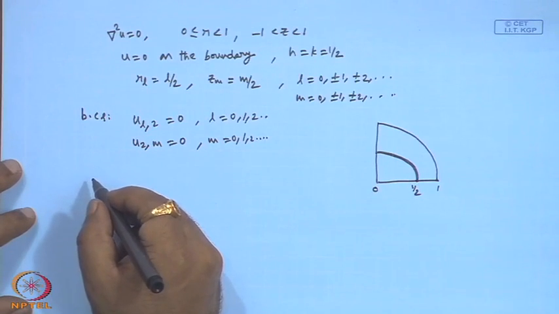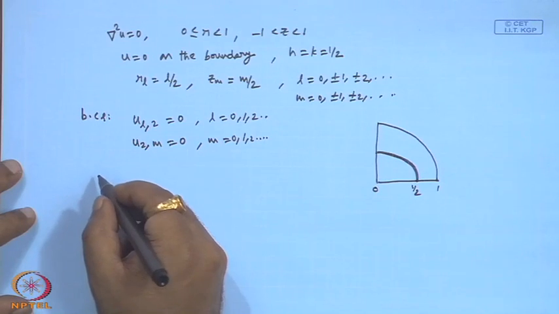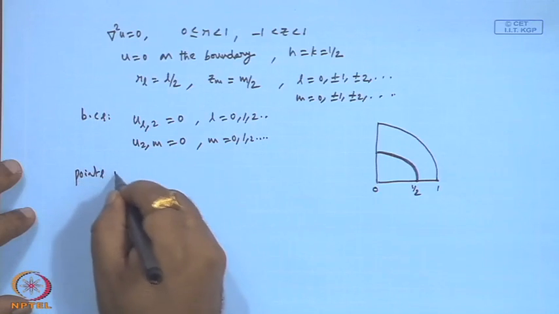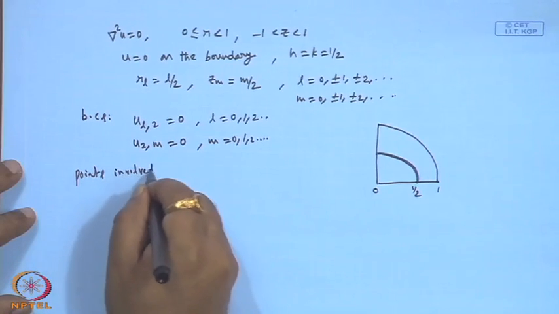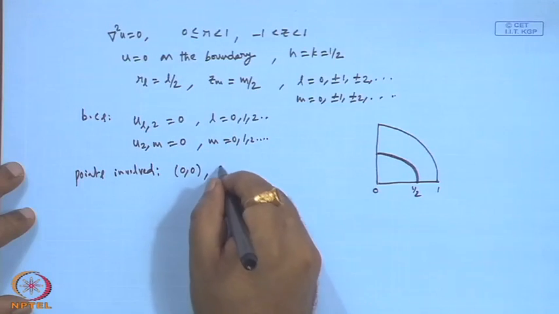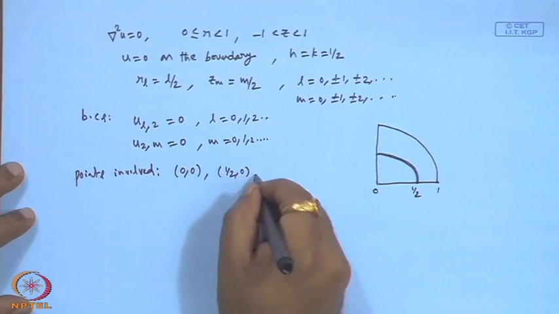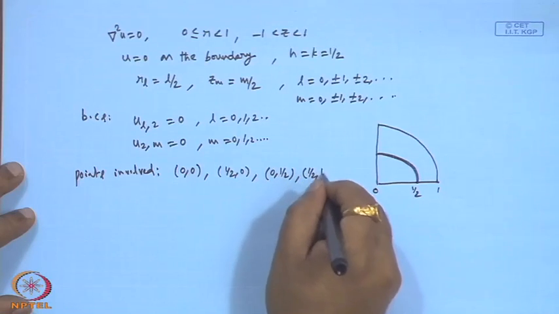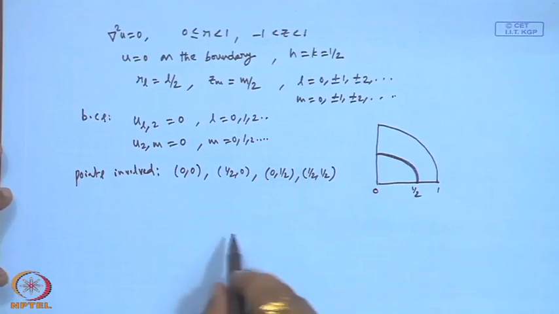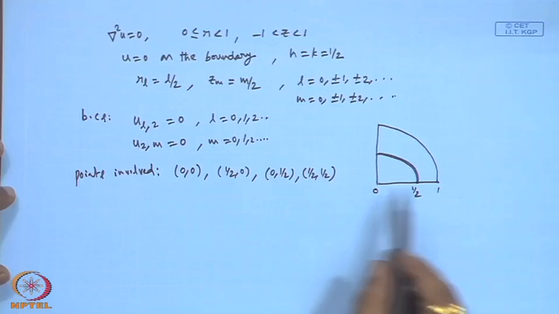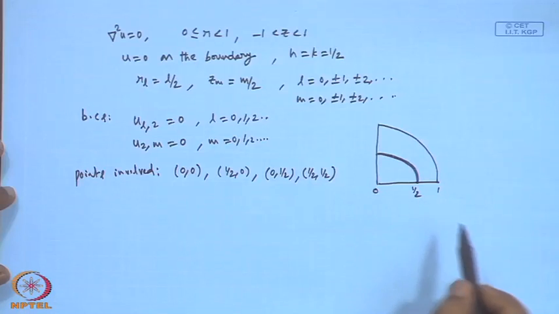So, since z is minus 1 to 1, the points involved are (0, 0), (half, 0), (0, half), (half, half). Okay. So, at these points we have to run the equation.